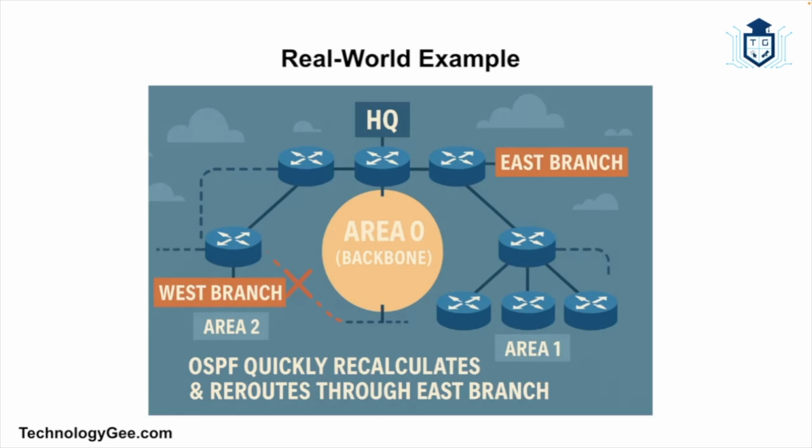They exchange hello packets and form neighbor relationships. They flood LSAs within their same area, and the ABRs between the headquarters and each branch summarize routes and pass information to Area 0. Now, if the link between the headquarters and West branch fails, then OSPF will quickly recalculate and reroute through the East branch if that path exists. And essentially, that's the magic of dynamic routing in action.